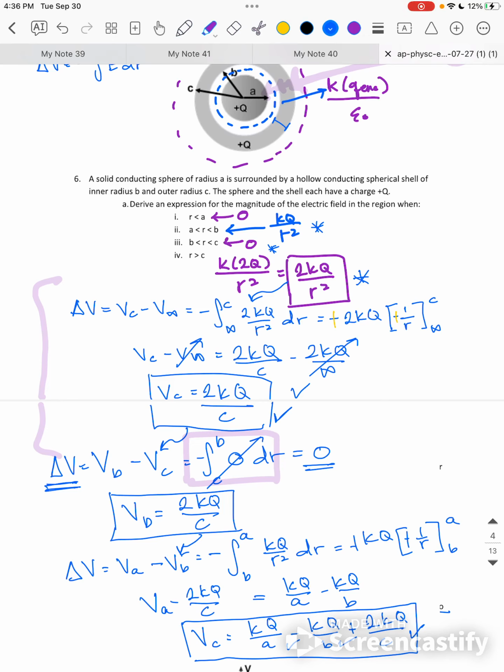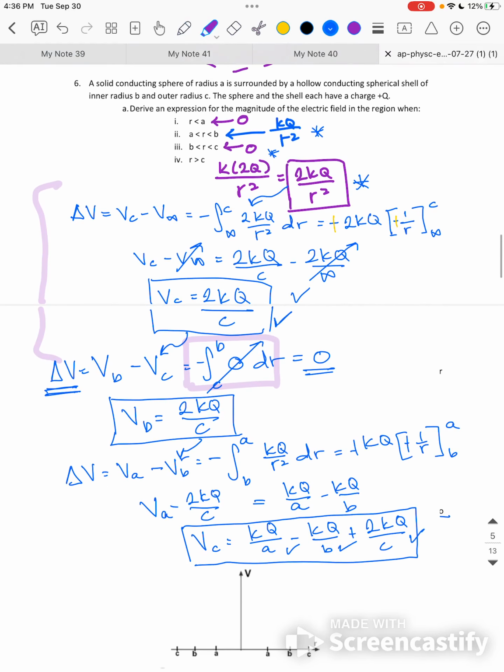Okay, now we need to draw the potential. Now, what we know about potential is that it's an inverse proportion, not inverse square, but it still looks very similar to the inverse square proportion. And we know that within a conductor, the electric potential is constant.